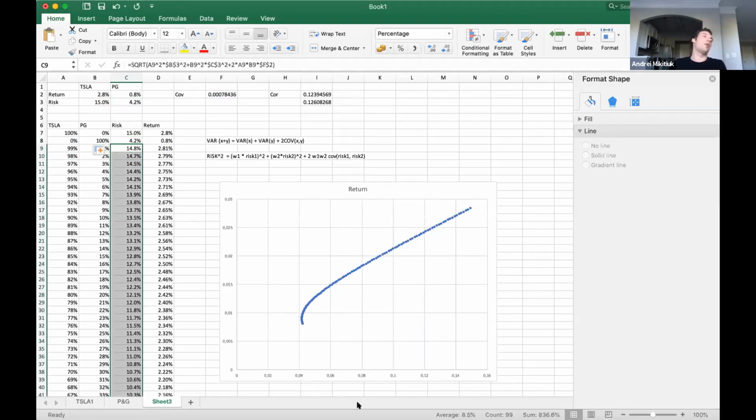Okay, now we're here. So it actually is still this parabolic curve, but it's sometimes called the Markowitz bullet, because it reminds of a bullet, and it's not like this whole thing. It's slightly curved, but not as much.